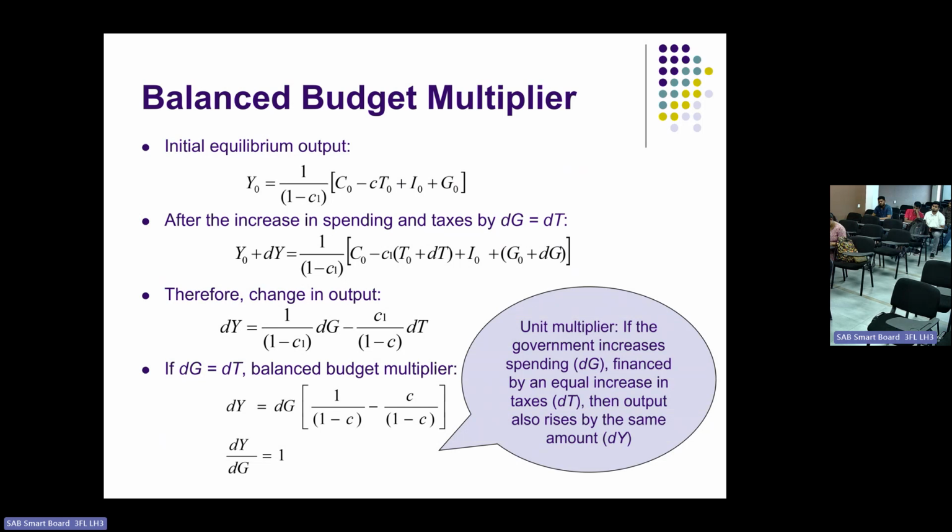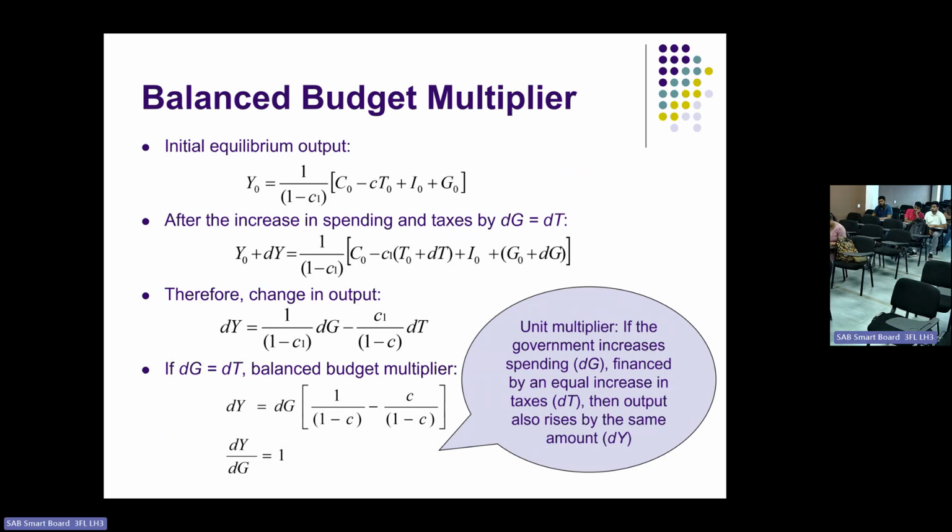The unit multiplier: the government increases the spending and the taxes by an equal amount, then the output rises by the same amount. If there is a rise in the government expenditure, that will have a positive effect on national income.